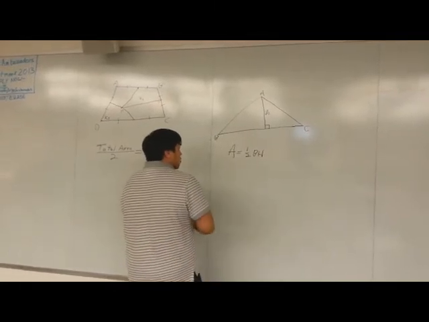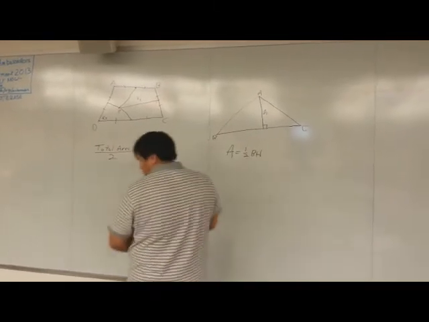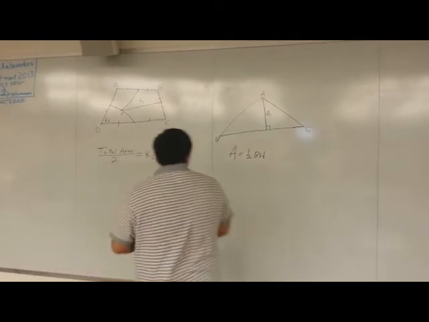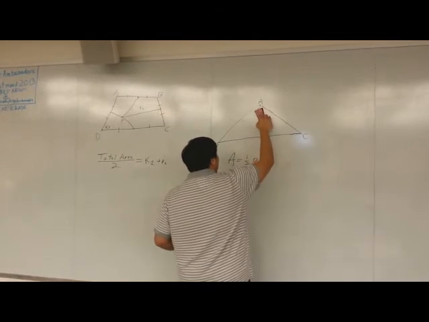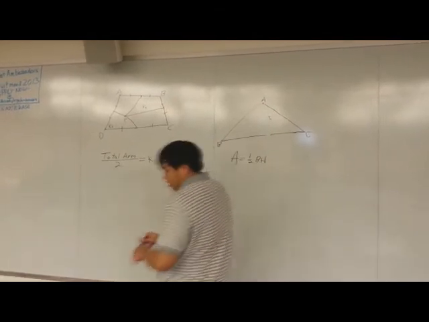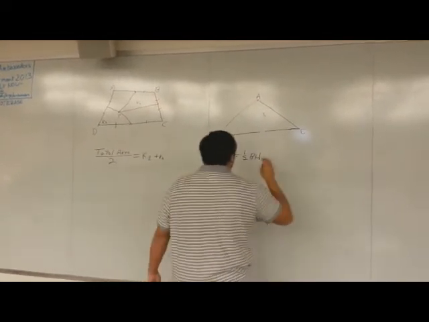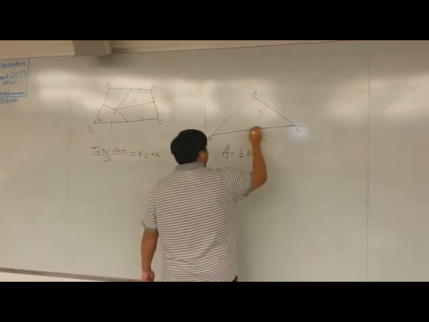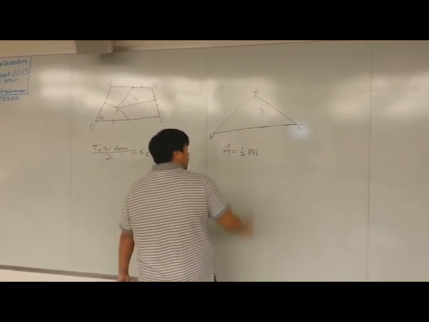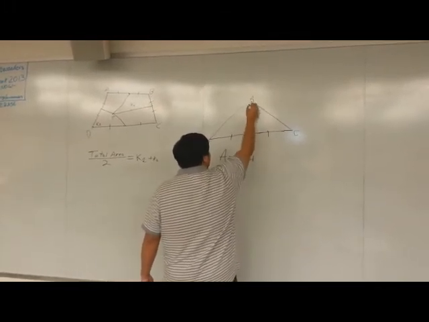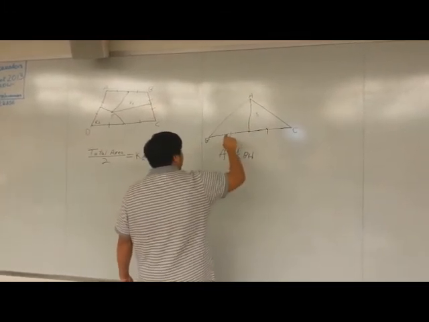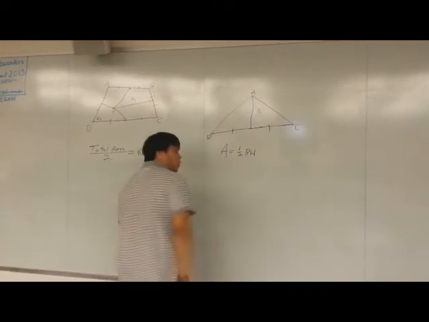Now that we have that established, you kids tell me, if I were to connect this midpoint right here, these sides are equal to this point right here, what would the area be of this triangle and this triangle?